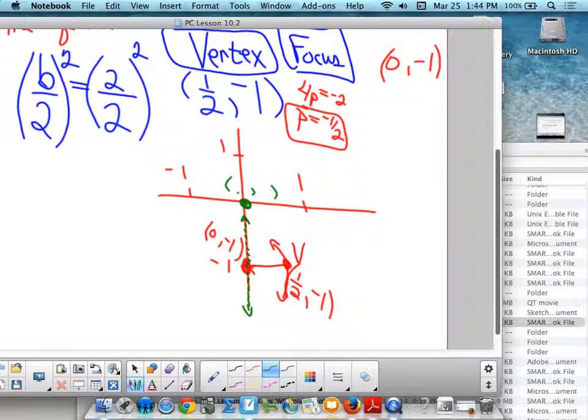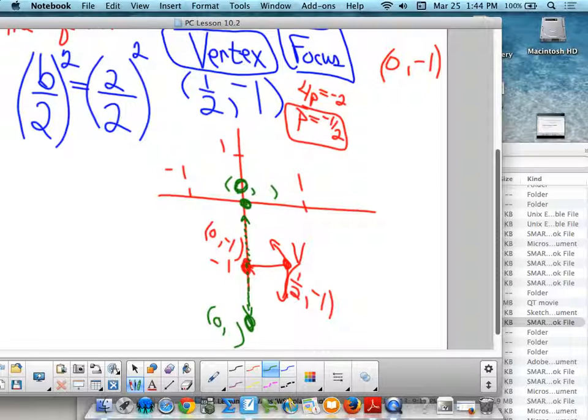Look at the focus. Which one's going to be the same as the focus? The x is 0, yep. The x has to be 0. And then down here somewhere, the x has to be 0. So you will plug what into your equation? X equals 0. Go find your two y's.